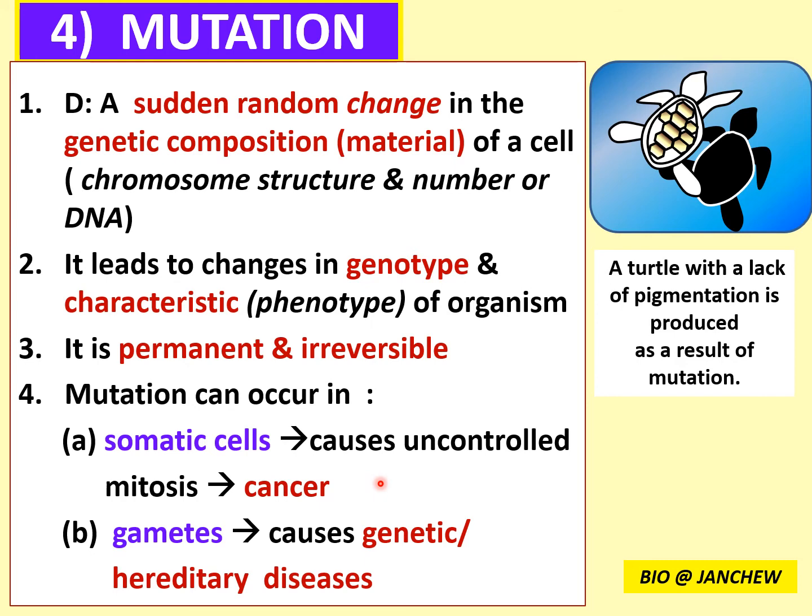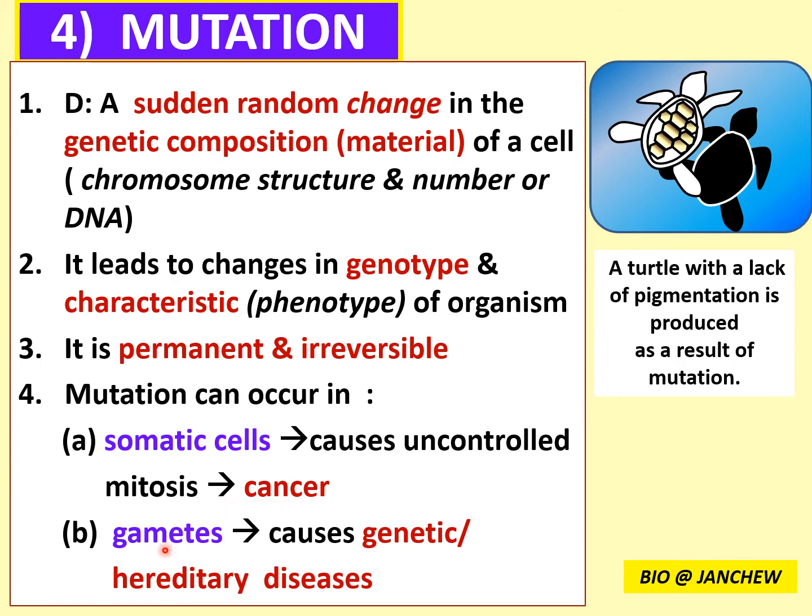As a result, uncontrolled mitosis will occur because the genes that control the cell cycle are damaged. So mitosis occurs uncontrollably, leading to the formation of tumors and cancer.